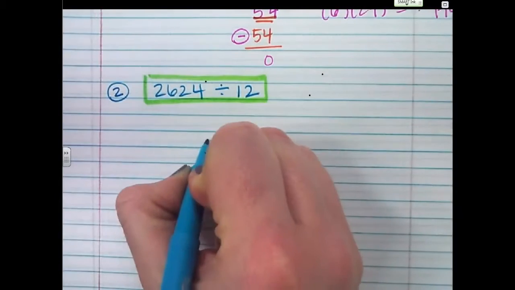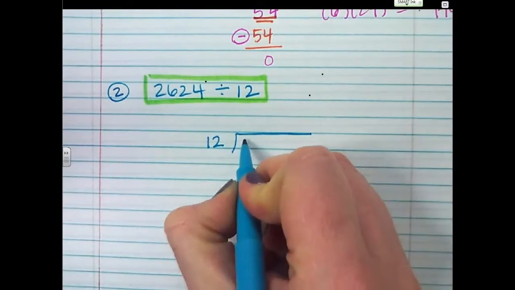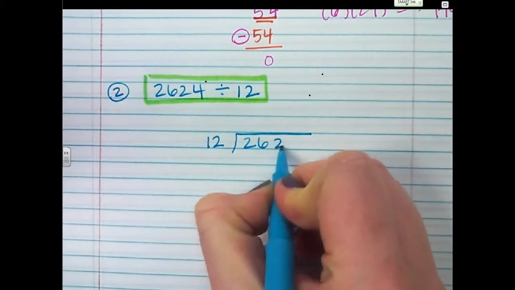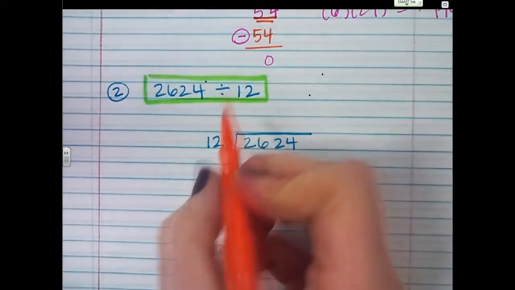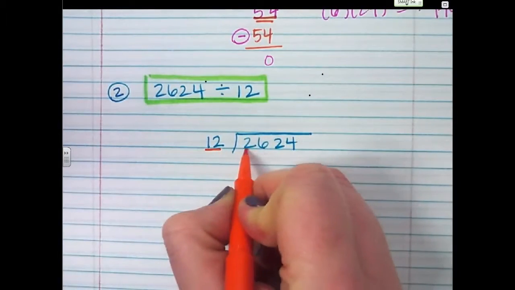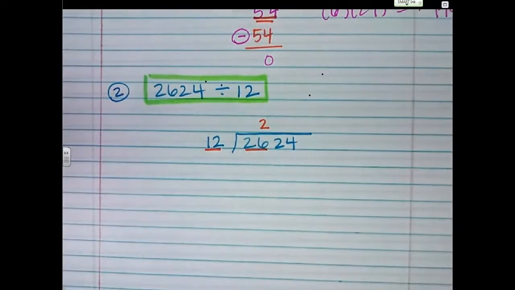Okay, so on the outside we have 12. And on the inside, 2,624. How many times does 12 go into 26? Oh, 2. Twice. That's right. What do I do now?